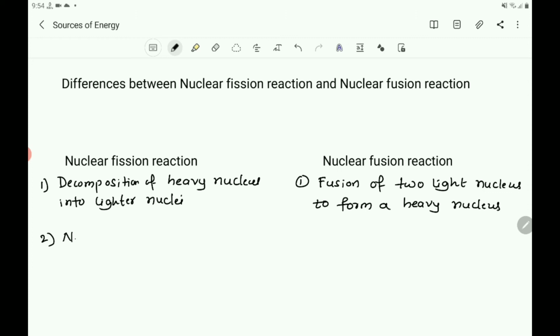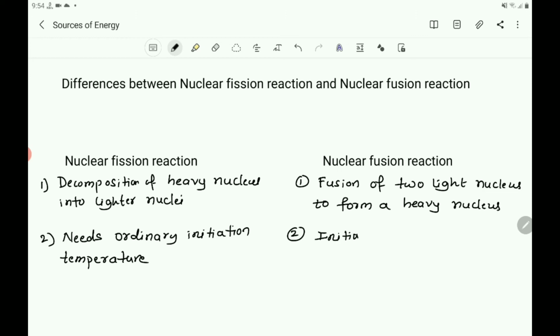The initiation temperature is very high.